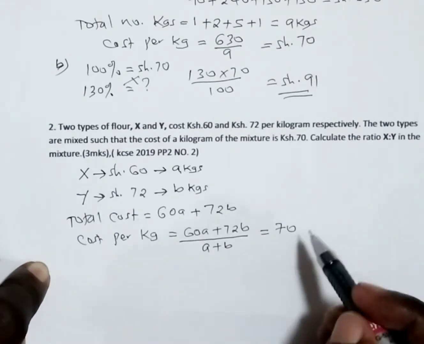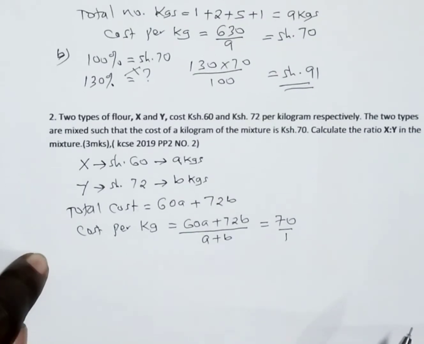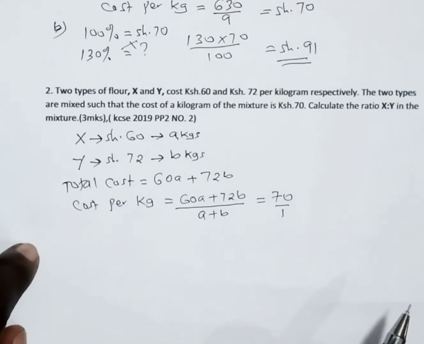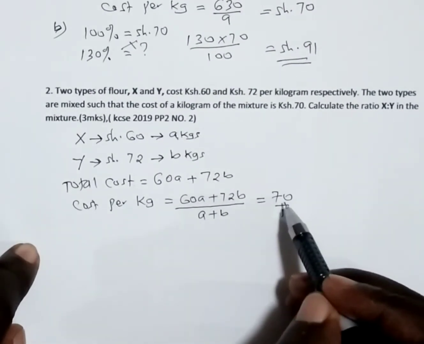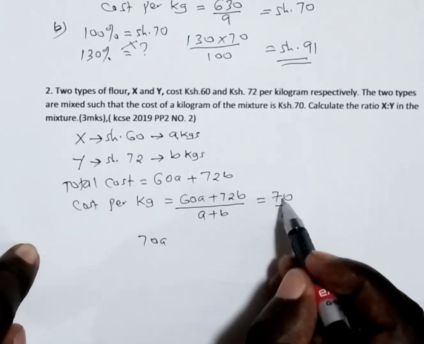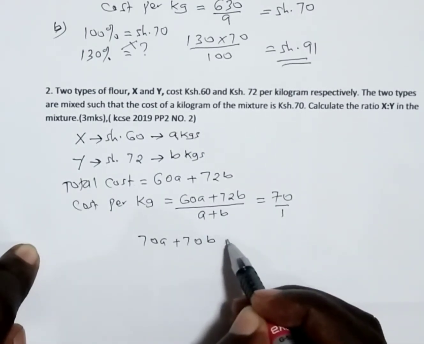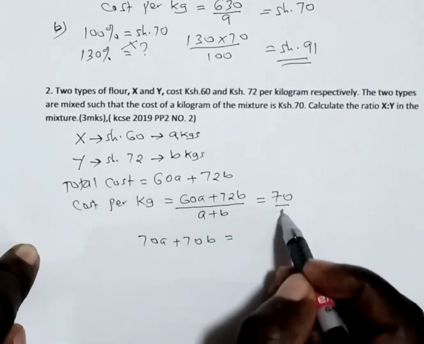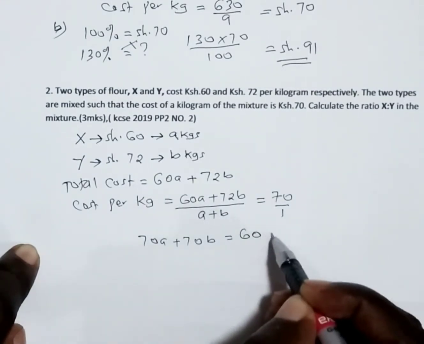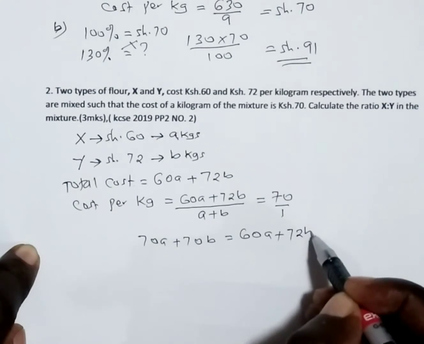Now we can write 70 as a fraction by putting it over 1. Then we cross multiply, and we have 70 times A giving us 70A, then 70 times B giving us 70B, equal to 1 times 60A giving us 60A, plus 1 times 72B giving us 72B.